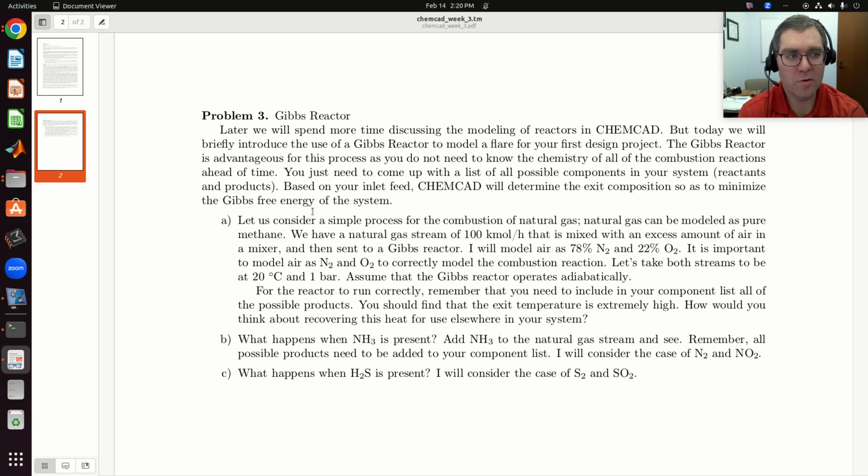But now when I want to combust methane with air, I'm going to need to model air in its atomic form. So I'm going to take it to be a mixture of 78% nitrogen and 22% oxygen. I actually need to define the chemical makeup of air so that I can appropriately model that chemical reaction.